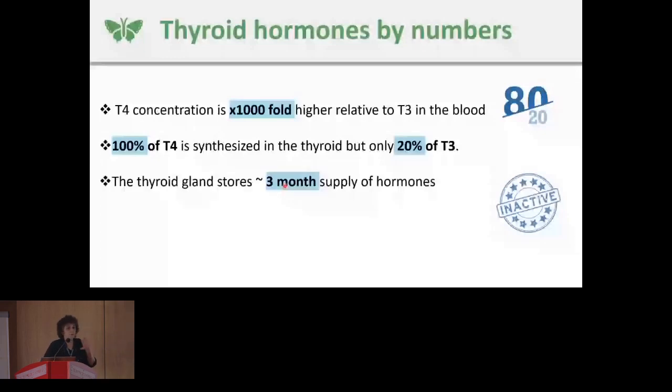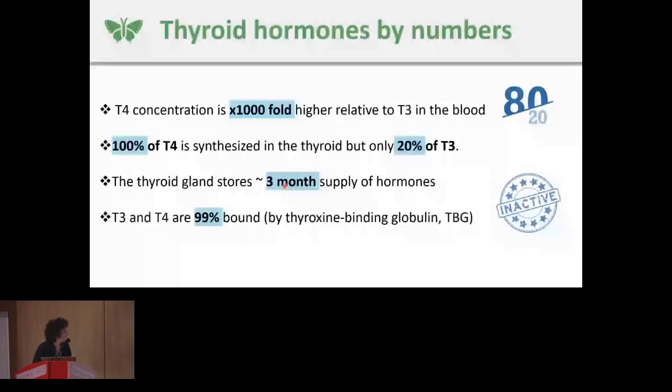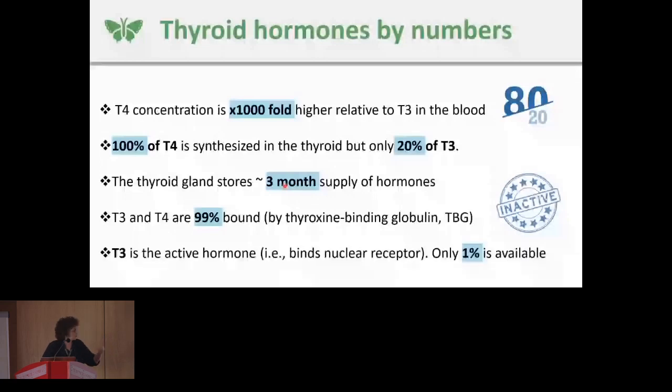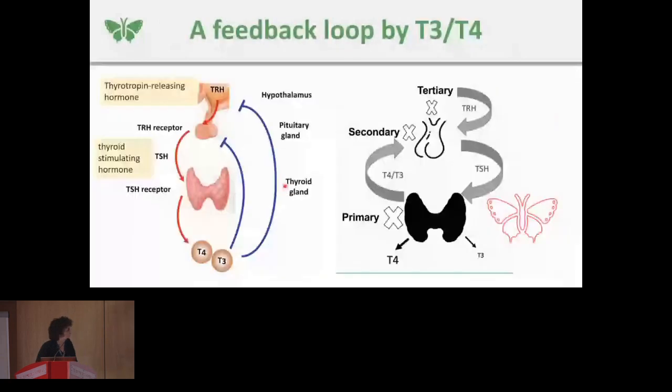The thyroid stores about 3 months of the hormones, which is also important, especially from the clinical point of view, when you measure. And 99% of the hormones are bound, so they are not relevant. So we are talking about really 1% of T3 that is the active component. I'm mentioning it because it means that our measurements are a little bit indirect to what is going on for real, because of these numbers.